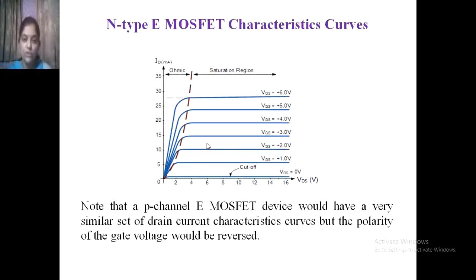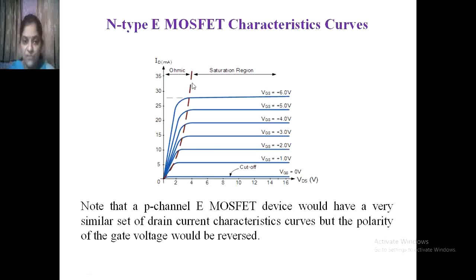As shown, here is the N-type E-MOSFET characteristics curve, ID versus VDS with various constant VGS values, ranging from 0 to plus 6 volts.